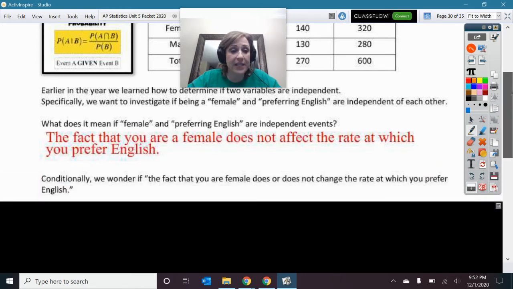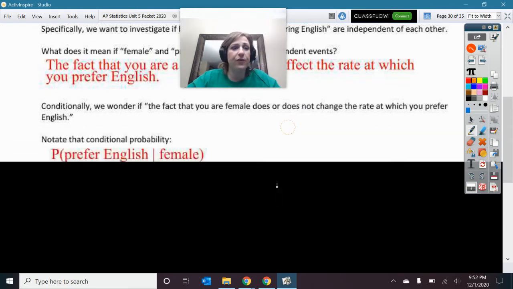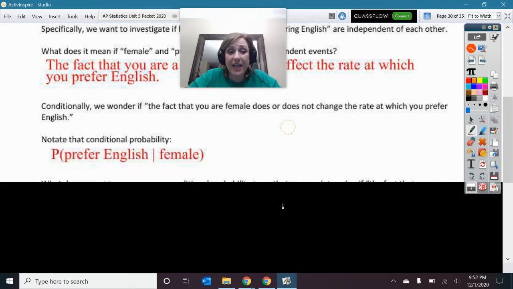All right, so conditionally, we wondered if the fact that you are female does or does not change the rate at which you prefer English. So with what we learned yesterday, that was this notation. Probability of English, given that you are a female: at what rate do you prefer English?